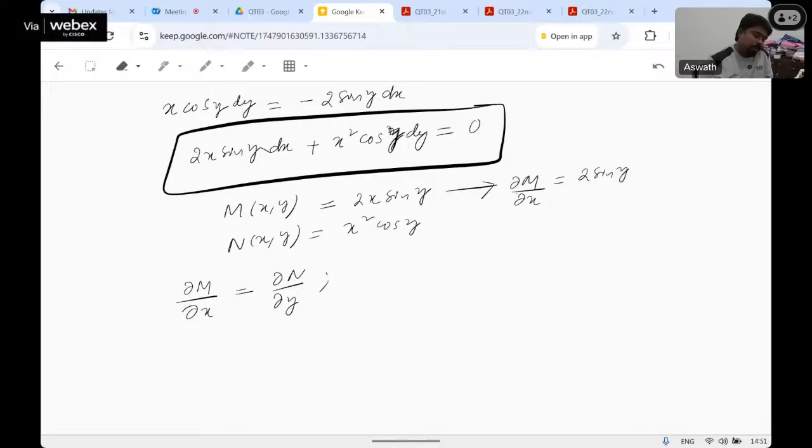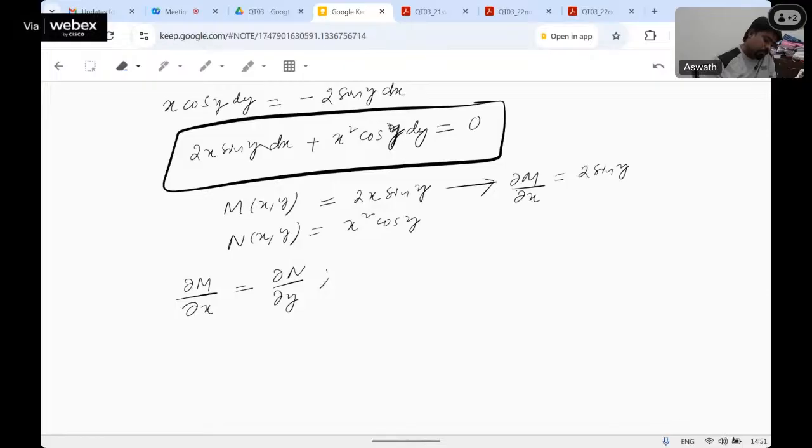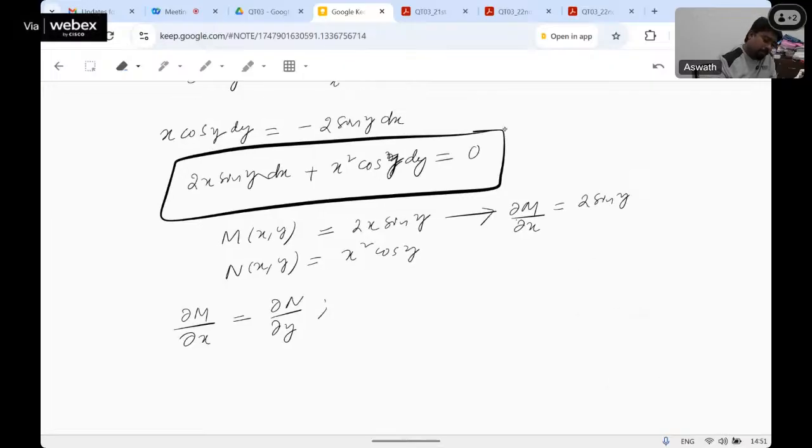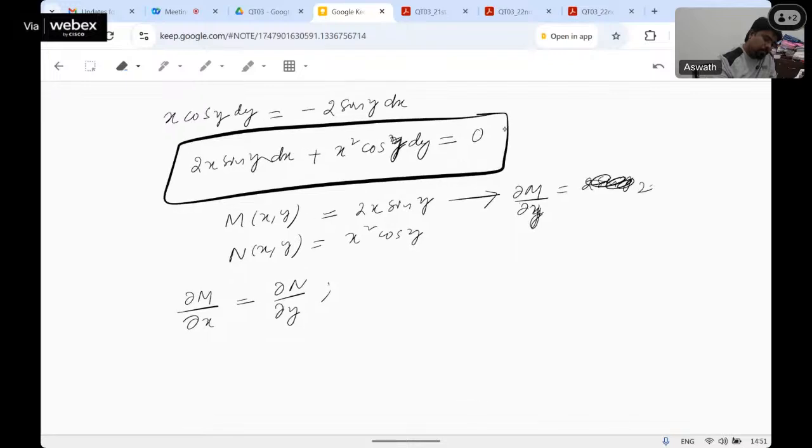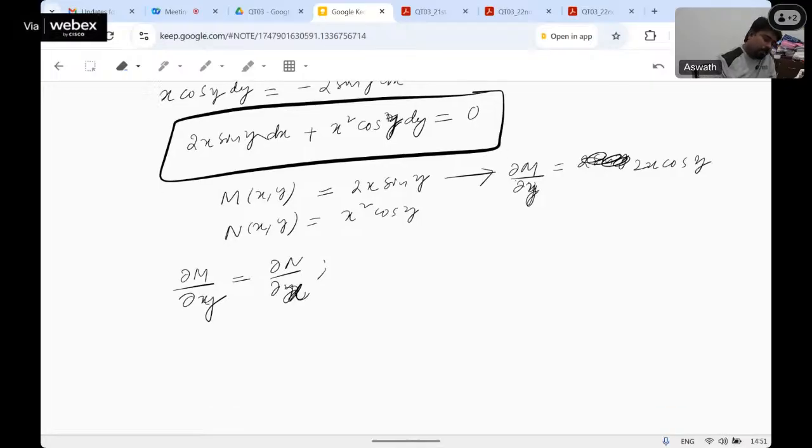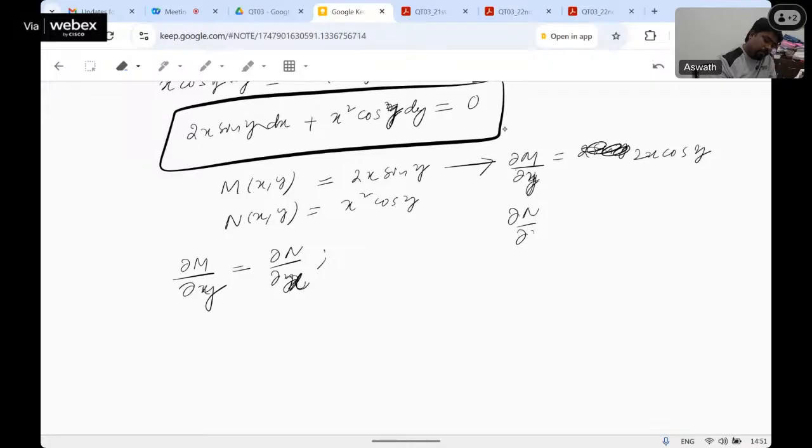Then dm by dy I have to find, which is 2x cos y. And dn by dx I want to find, which is 2x cos y. So both are equal. So this is satisfied.